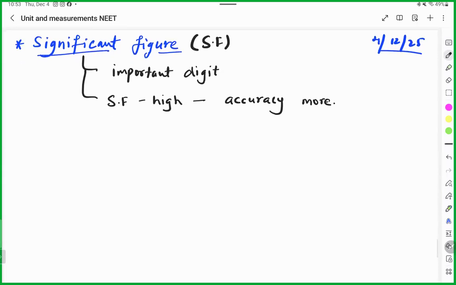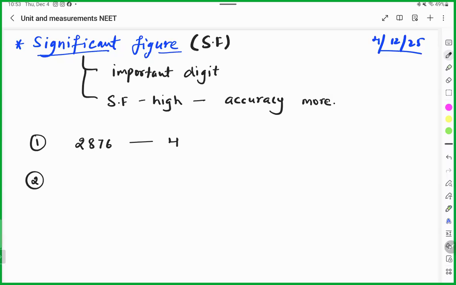First rule, all the non-zero digits are significant figures. Example, if I take 2876, what will be the significant figures in this case? 4. So this is the first rule.